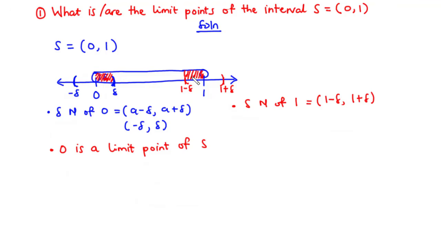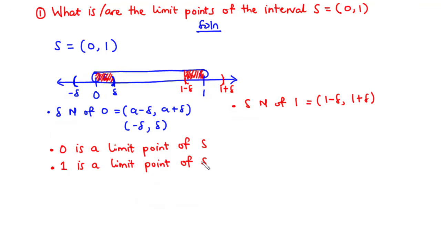Now since there are infinitely many points between this region, it also means that 1 is also a limit point of S. Now, do you think that there could be some other limit points of S?